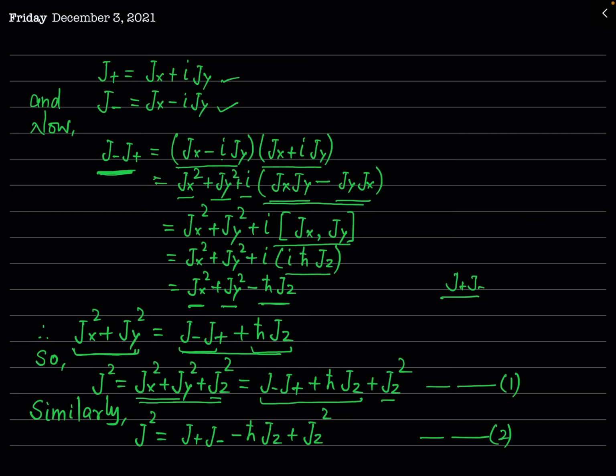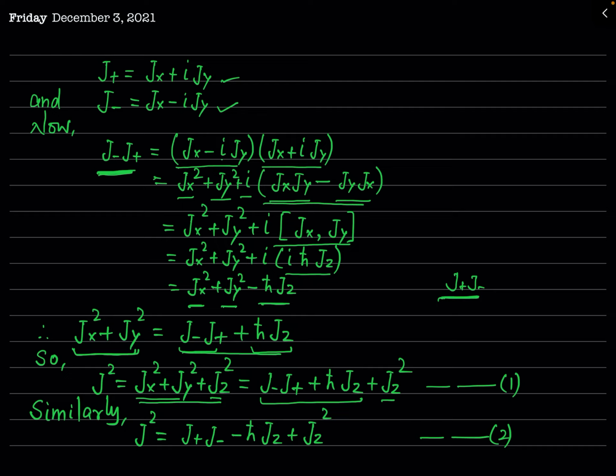I have not calculated this, but on the same line, instead of calculating this j minus j plus, you should calculate j plus j minus, and then you will see that your result will be like this: j square equal to j plus j minus h bar jz plus jz square.